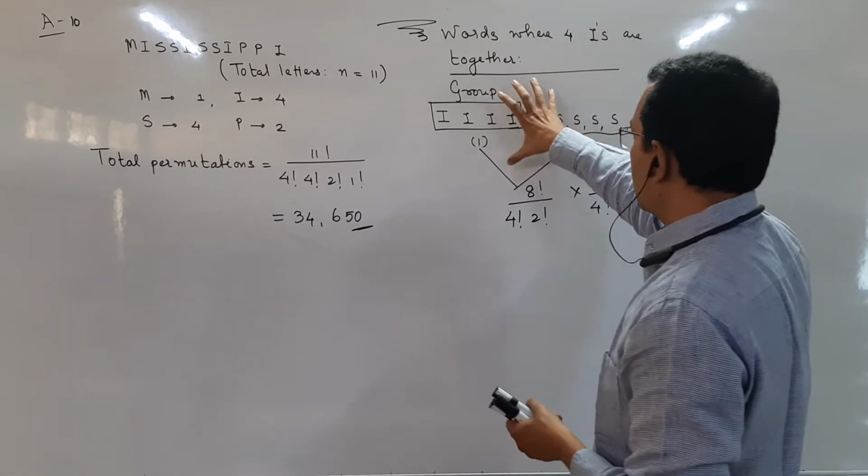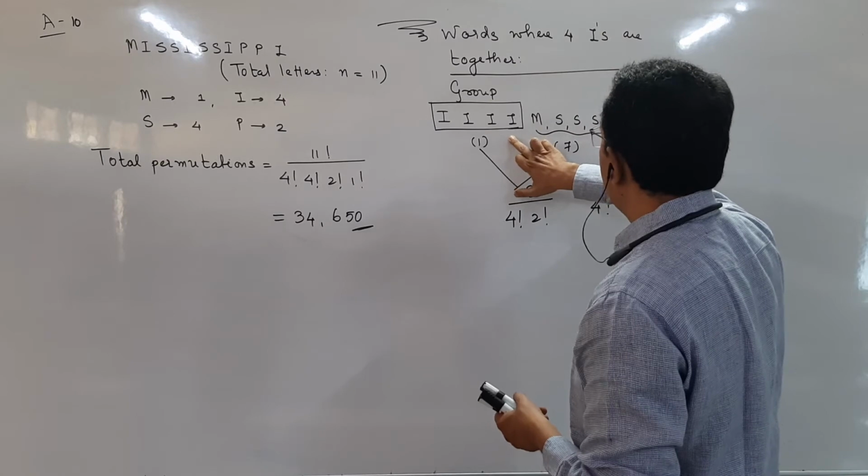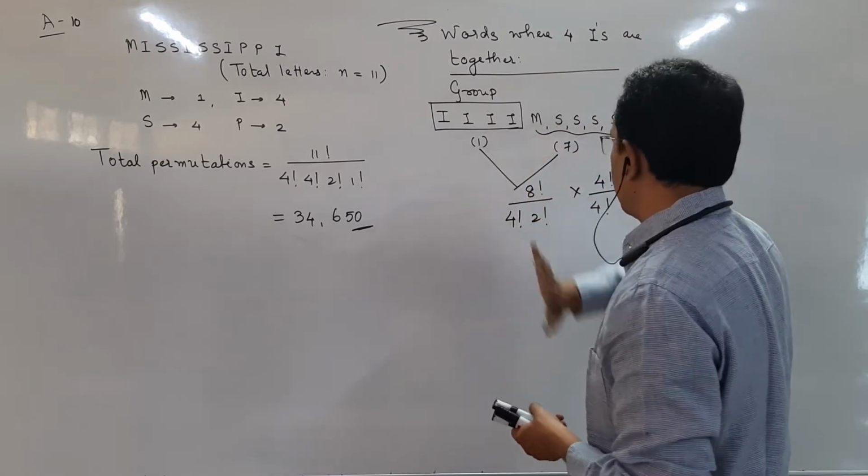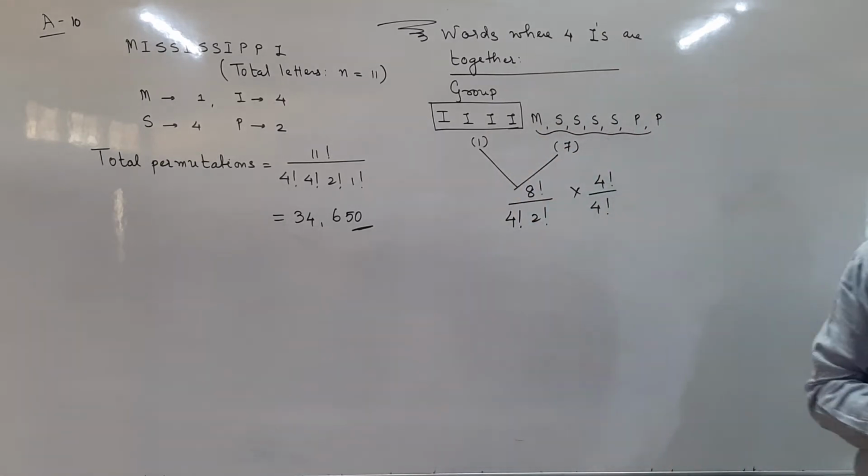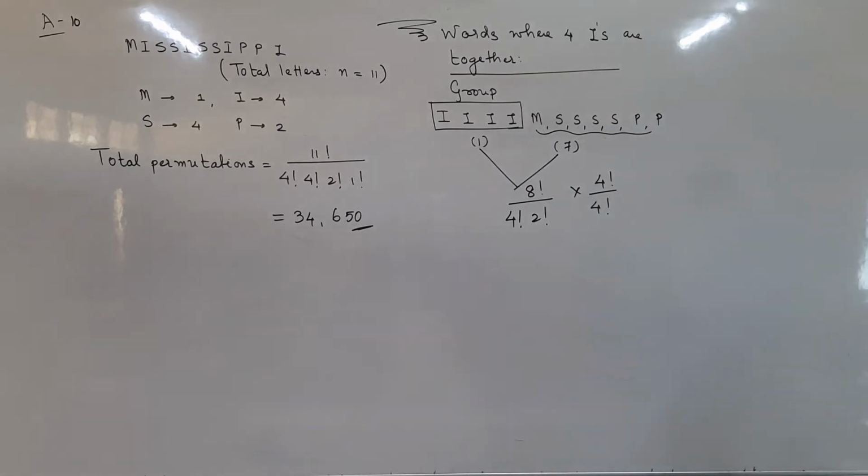First you take 4 I's as only one letter, remaining 7, 7 plus 1, 8 letters can be arranged in 8 factorial divided by 4 factorial and 2 factorial because S is repeated 4 times and P is repeated twice. Then go for the multiplication of internal arrangement of group. This will give us total ways where 4 I's are together, and this comes out to be 840.